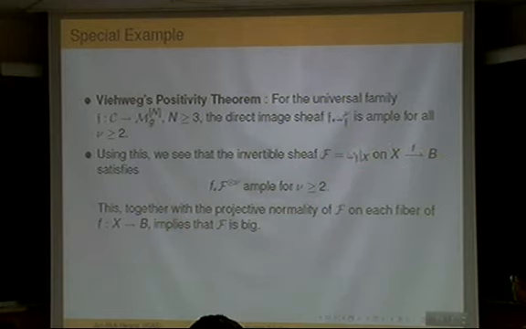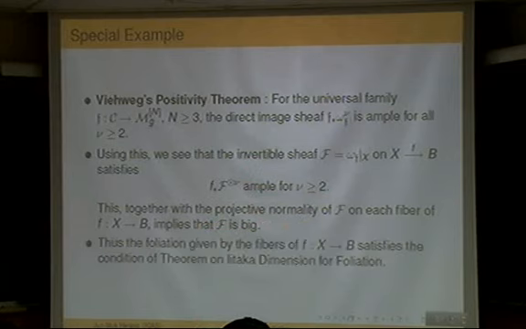Since it's the projective normality of this relative dualizing sheaf on each fiber, this implies that F is big. So in this case, F is big, satisfying the condition of the theorem. So this way you can easily find many examples where our theorem applies.